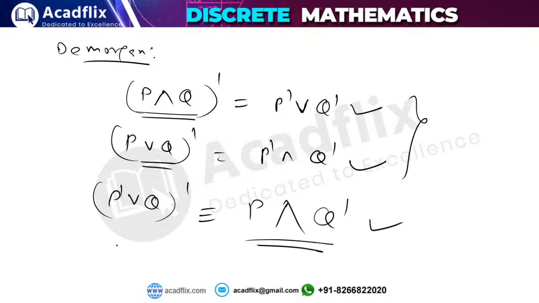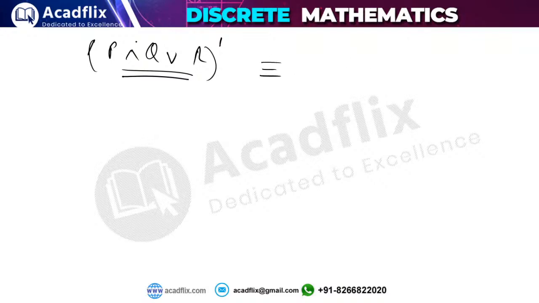So I am saying this Demorgan formula. Whenever you apply it, first of all, what is the Demorgan formula? It is basically, if you have a formula, how can you find the complement, meaning how can you negate it? So whenever you have a formula, let's assume some p, q, r, and you want to negate it, then I told you, conjunction will become disjunction, disjunction will become conjunction, and p will become p dash, q will become q dash, r will become r dash.